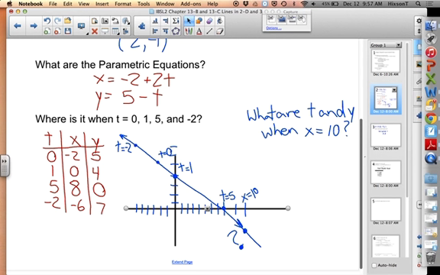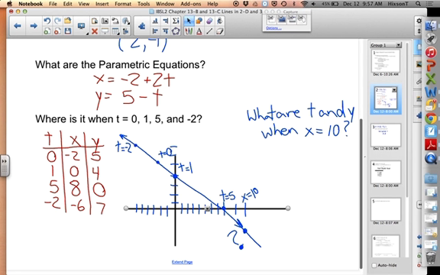How would I go about doing that? What do you think? Plug in 10 for x, and that'll give you what? That'll give you your time. And the time would be 6?